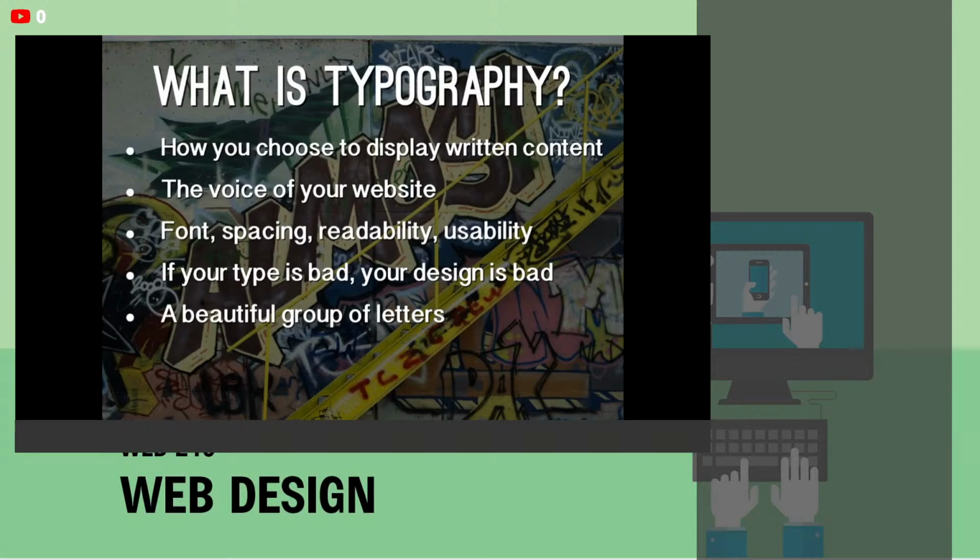It impacts your overall design if you have bad type, because that's your communication mechanism, if you're delivering written content, that is. If you're primarily focused on video content and you're less worried about type, it's a totally different thing there. As we progress through today, we'll see that type is more than just a group of beautiful letters.